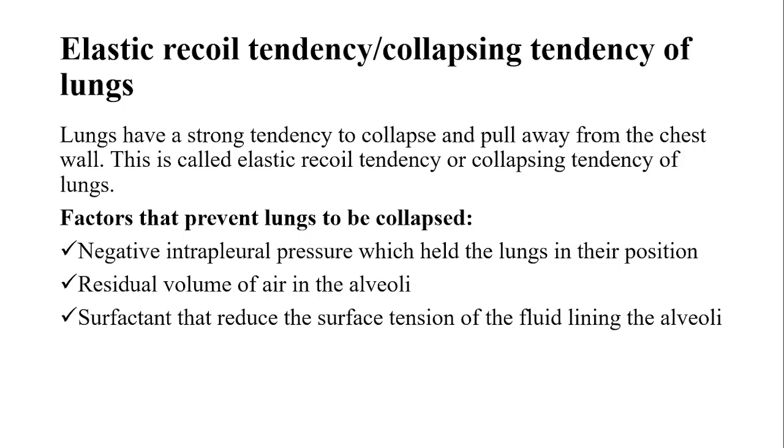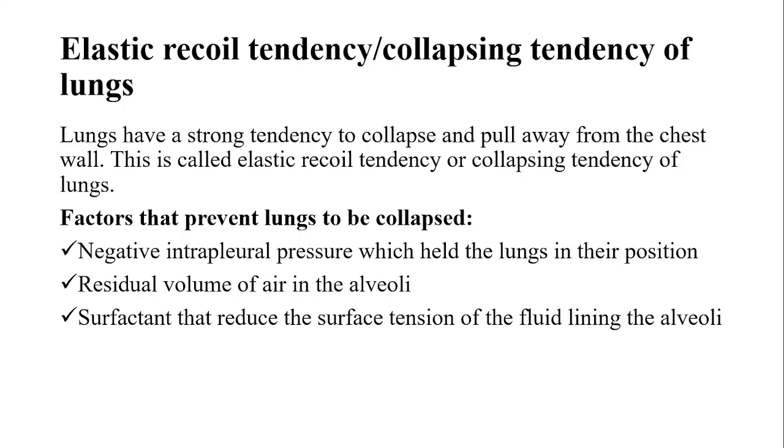So the molecules of the fluid have a strong tendency to attract one another. While doing this, they also have the tendency to contract the alveoli and make them collapse. So we have to prevent it if we want to keep the alveoli from collapsing.